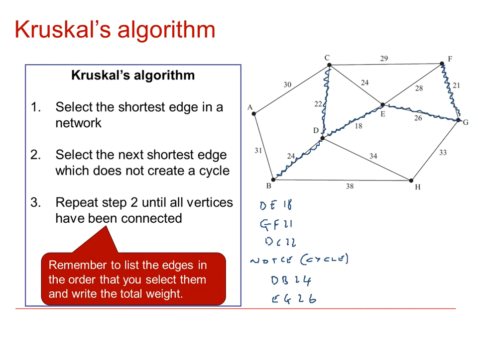Now working up, we've got 28 next at EF, but we can't use that because that would produce a cycle, and CF also would produce a cycle. So we can say not EF or GF because they would produce cycles. Next one is of length 30, and that's AC, so that's going to be added in, AC, length 30.